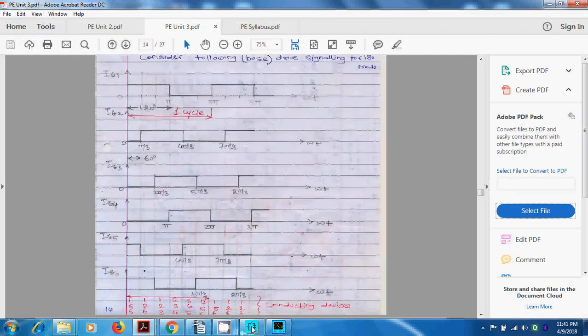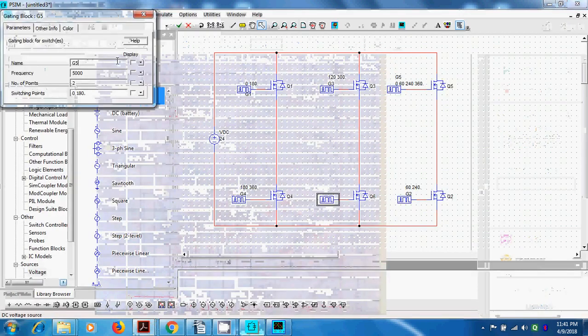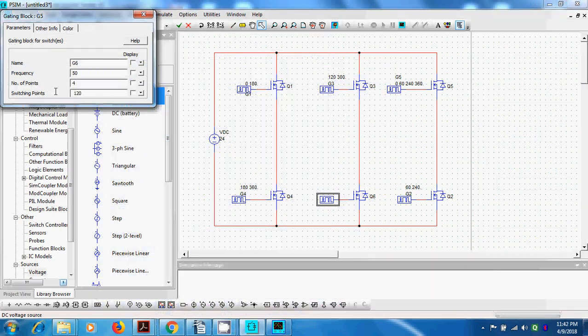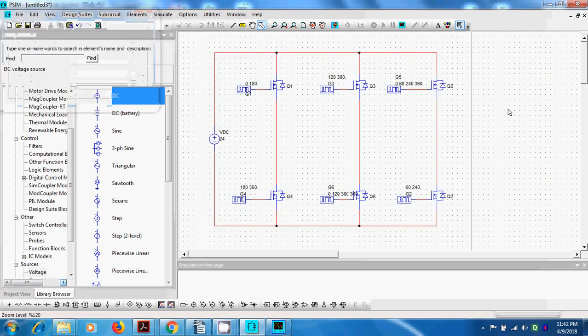And if you see G6, G6 is 0 to 120 and 300 to 360. So I have to check. Similarly for G6, the number of points is 4. It's 0 to 120 and 300 to 360. So this complete is 180. G6.